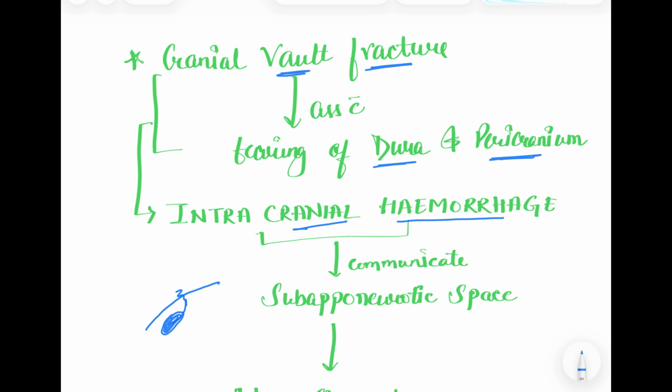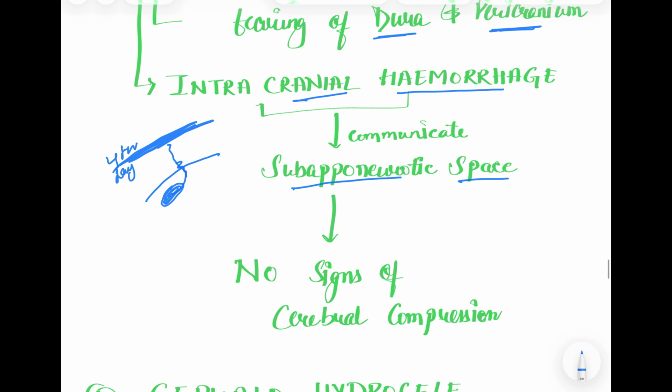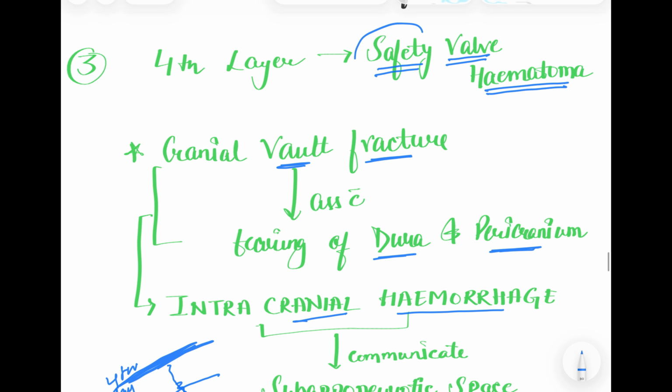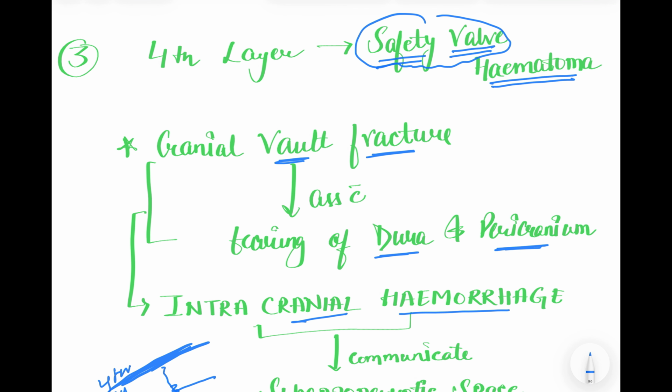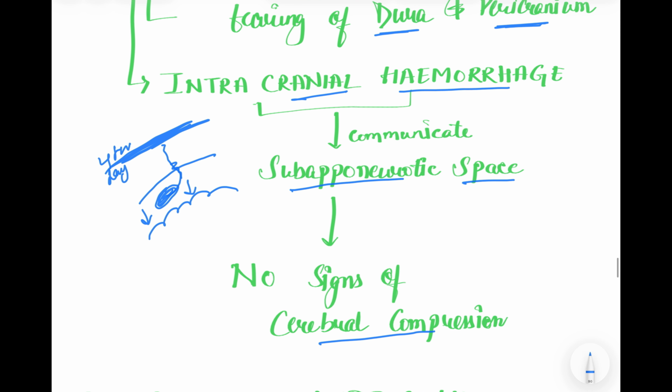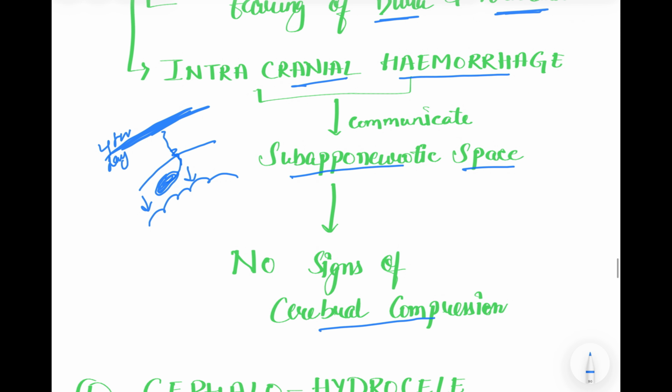The blood seeps out through this fracture into the fourth layer until this layer is filled, into the subaponeurotic space. So there will be no signs of cerebral compression in the brain. That's why it acts as a safety valve hematoma.